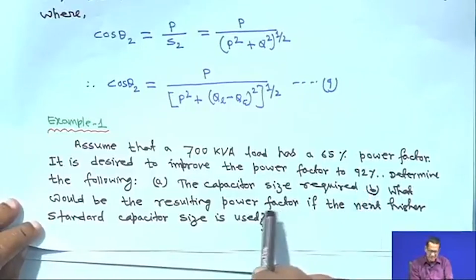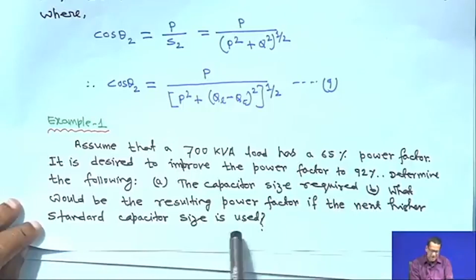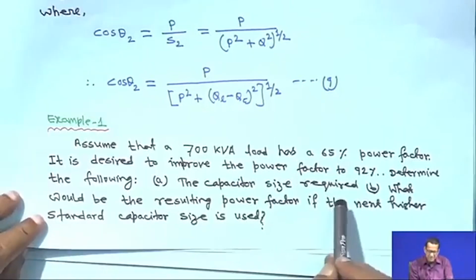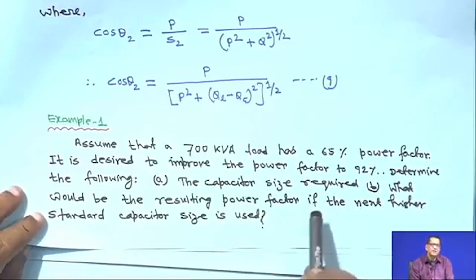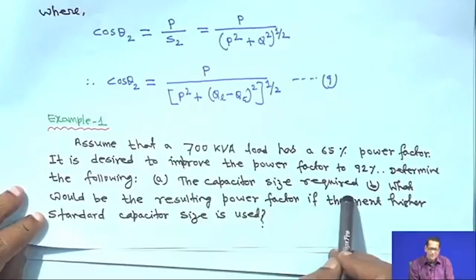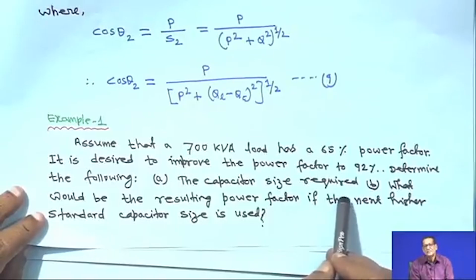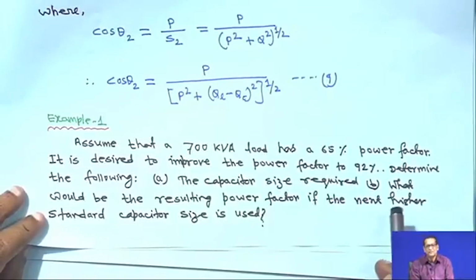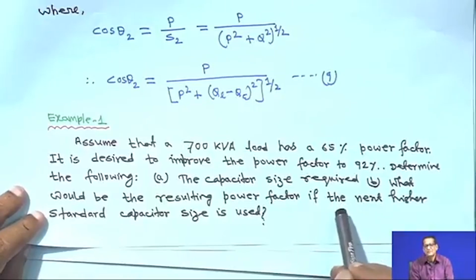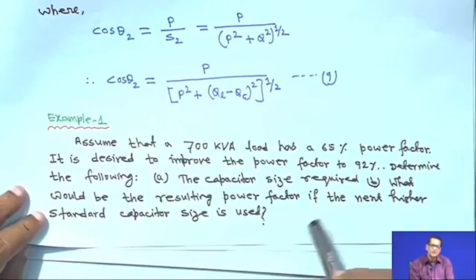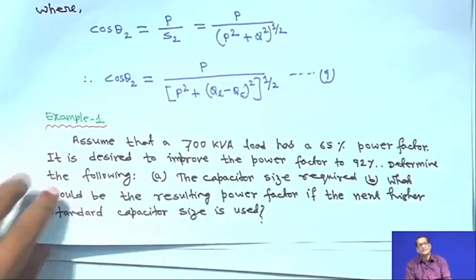You have to determine the capacitor size required, and the resulting power factor with the next standard size. Suppose you get a value like 331, but this is not available; the nearest rating will be either 325 or 350. Accordingly, you have to see what the power factor is with that new size.